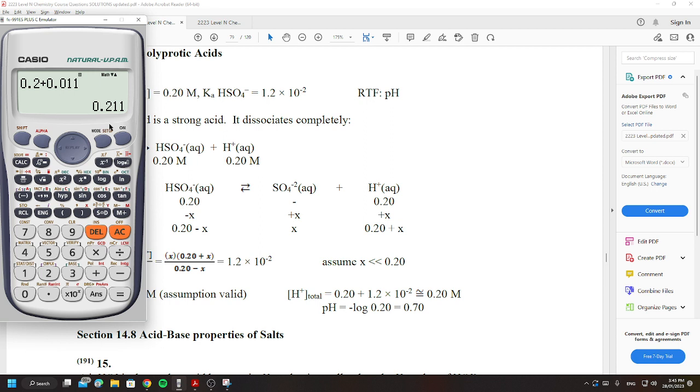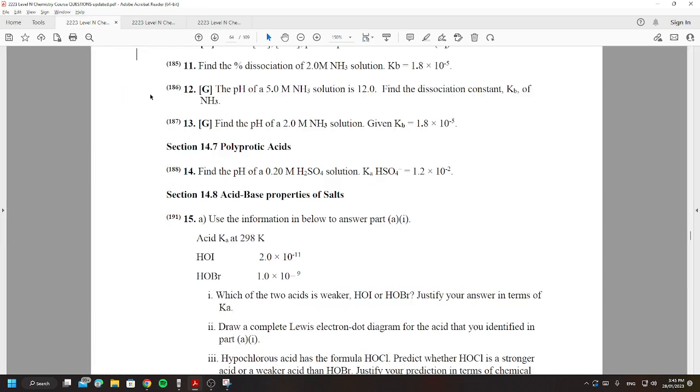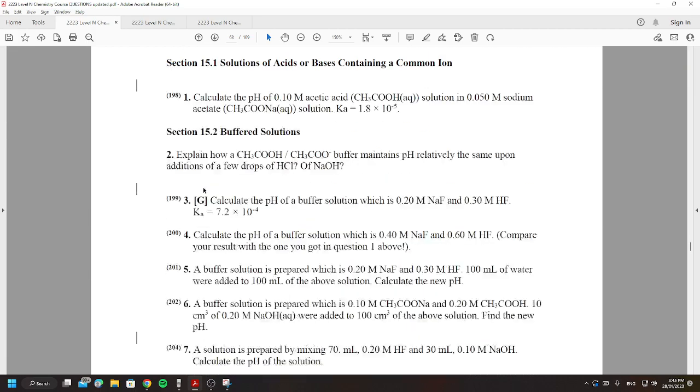So I guess they rounded this one to two decimal places, no, one decimal place, and then they just did negative log. So we got an approximation. Okay, yeah, here they approximated this to be 0.2, and then they did that. Okay, I'm just gonna skip straight to question 19, and that should be the end of it.